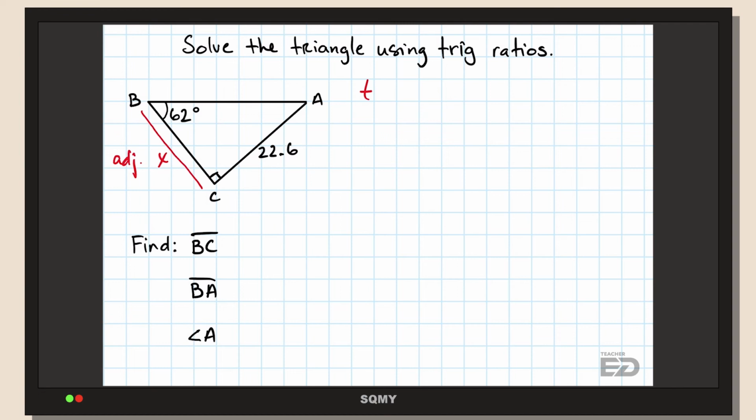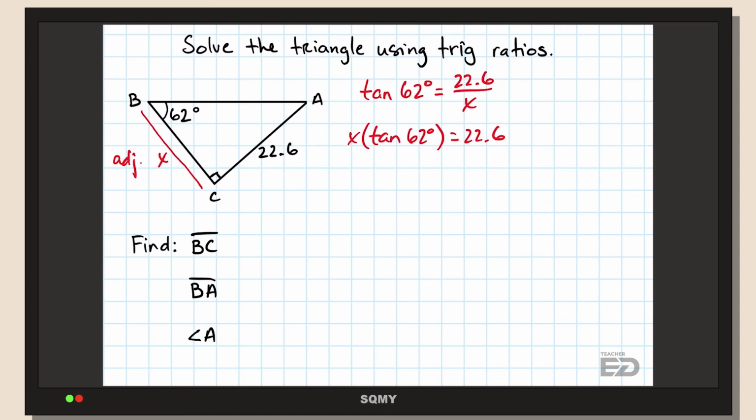So we know that tangent of 62 degrees is equal to the opposite of 22.6 over X. Now, just like our previous example, we just solve for X. So move my X over, and that gives me X times tangent 62 degrees is equal to 22.6.